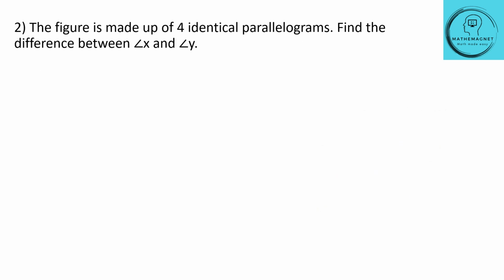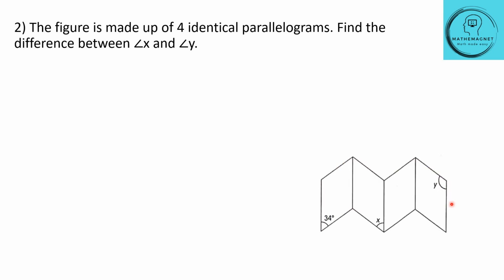Question number 2. The figure is made of 4 identical parallelograms. Find the difference between angle X and angle Y. So this is a picture that they are given. Consider this is a paper shaped in a parallelogram that when you fold, this will overlap each other, like how you fold for a fan.